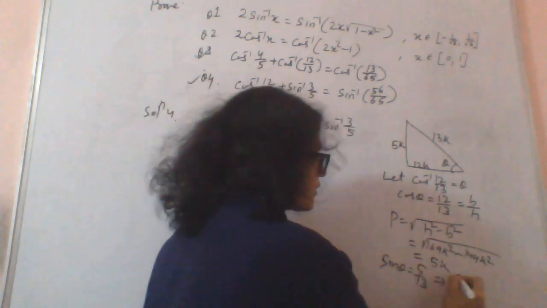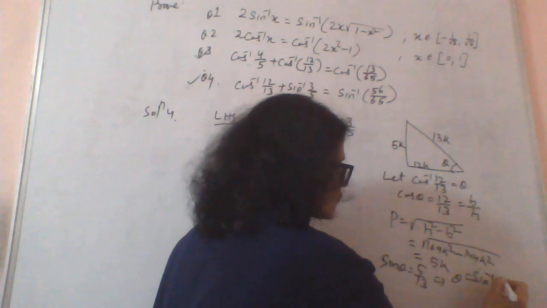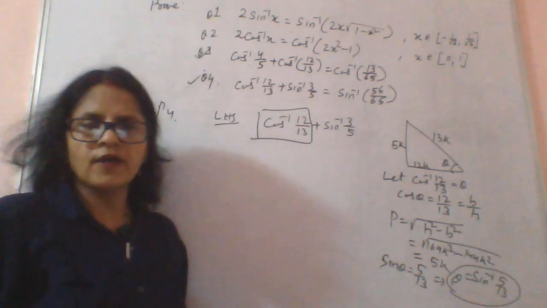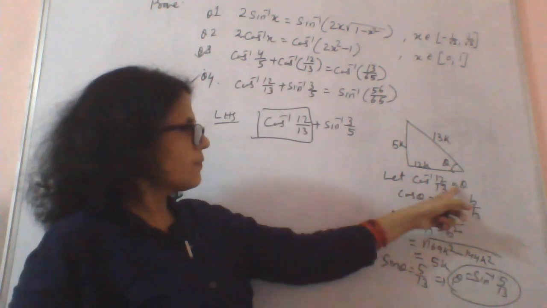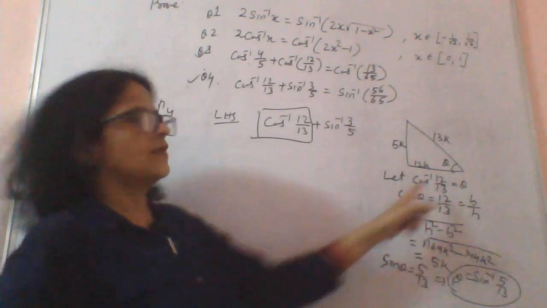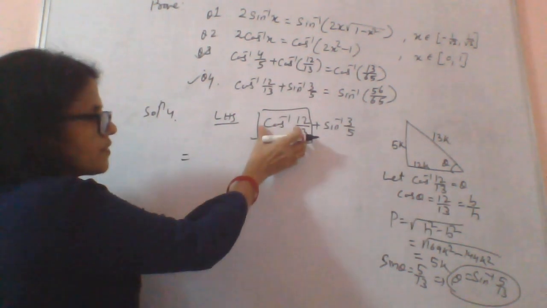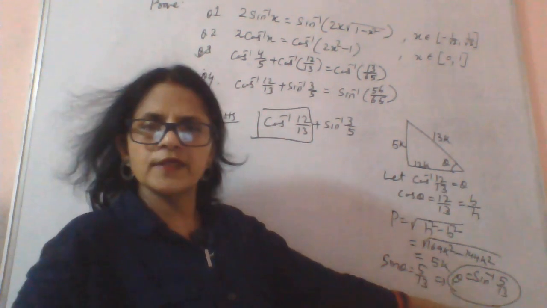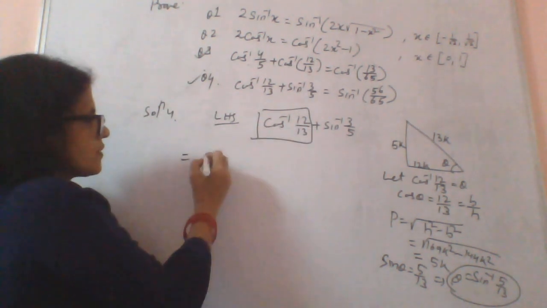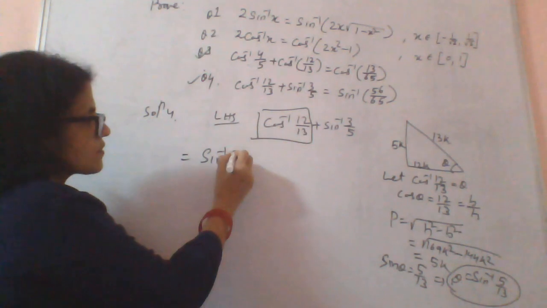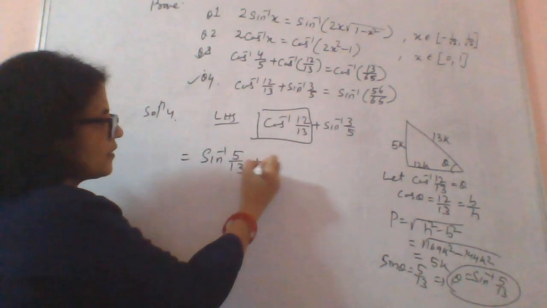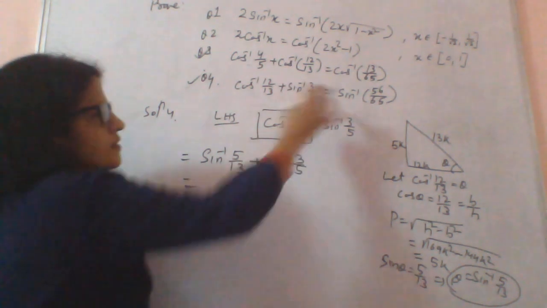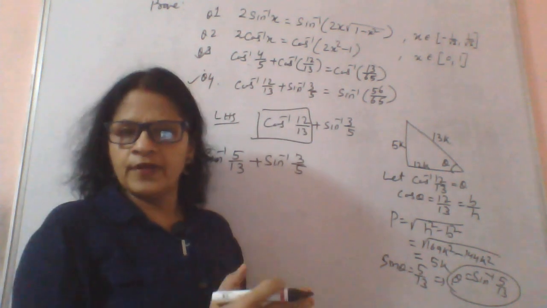It means theta is sin inverse 5 by 13. Theta is what we took as cos inverse 12 by 13, so cos inverse 12 by 13 equals sin inverse 5 by 13. So in place of cos inverse, we can write sin inverse 5 by 13 plus sin inverse 3 by 5. We need sin inverse in the RHS, so we don't have any problem now.